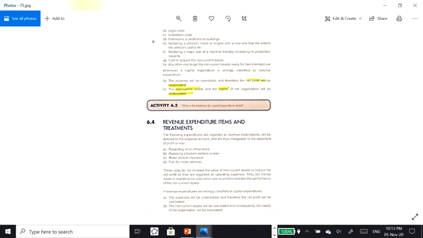Bila nilai aset bertambah, dia akan menyebabkan profit dia kurang. Okay, sebab tu kita tak nak setiap company tersalah classify into capital expenditure or revenue expenditure, sebab kita boleh understated the net profit and overstated expenses. Maksudnya kita record terlebih banyak kepada expenses menyebabkan dia punya profit of the company berkurangan.